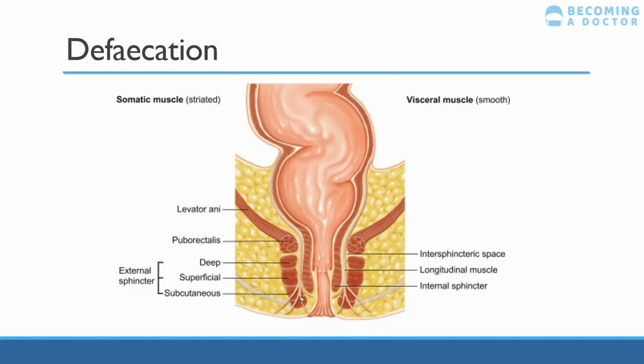But let's say it is appropriate. At that point, your external sphincter would relax and you can defecate. Your external sphincter is supplied by your pudendal nerve, which is controlled by your cerebral cortex, which is why you can control when you want to go and when you don't want to go.